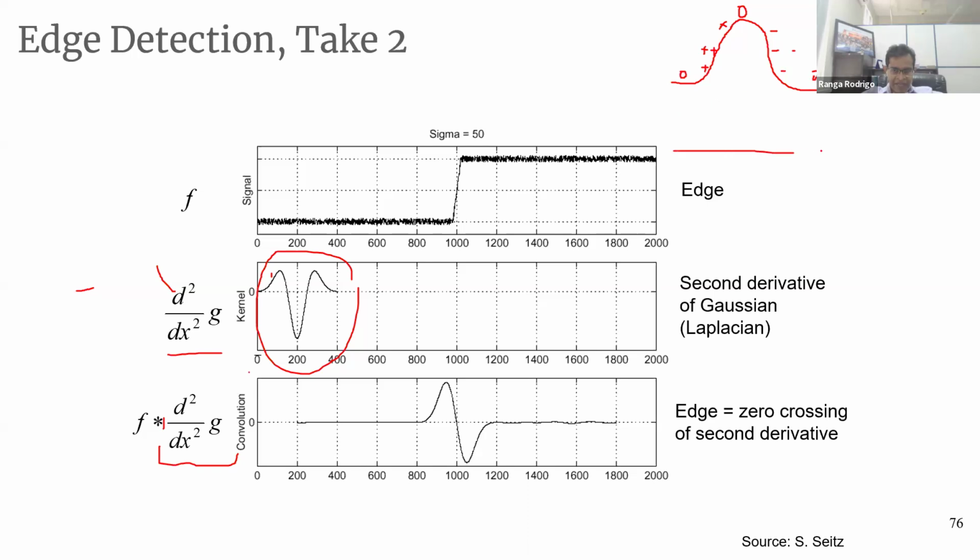So if I plot that, it is 0, goes to the maximum here, goes to 0 here, goes to negative there, and goes to 0. This is the derivative of the Gaussian. This is g, this is d by dx g.